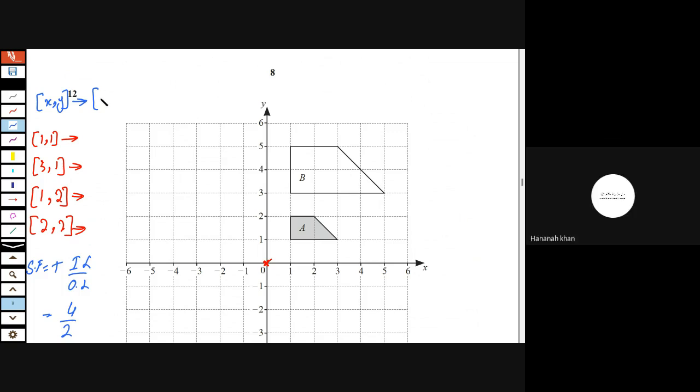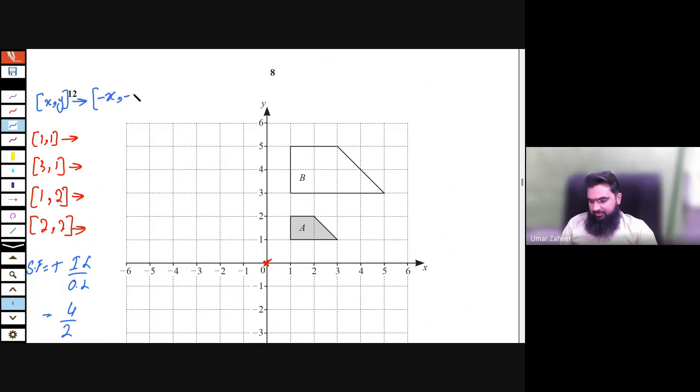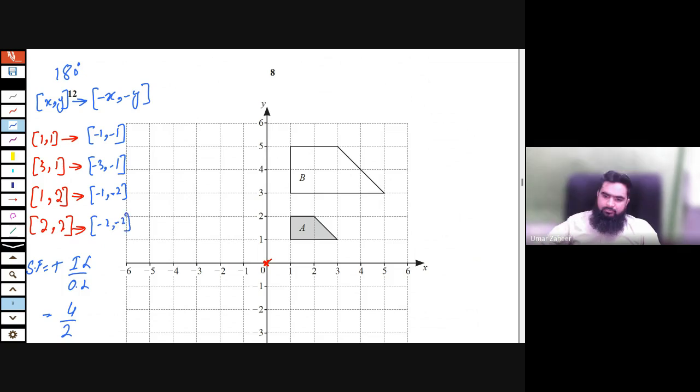For 180 degree rotation, we have to change the sign. So 1 comma 1 will become minus 1 comma minus 1, 3 comma 1 will become minus 3 comma minus 1, 1 comma 2 is minus 1 comma minus 2, 2 comma 2 will become minus 2 comma minus 2. These need to be plotted.